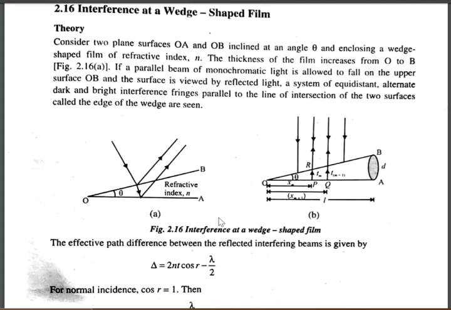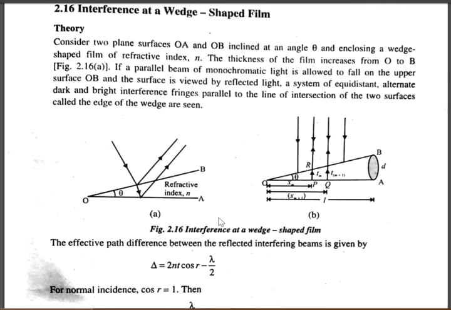Such a film we call a wedge-shaped film, because the thickness of the film increases gradually from point O to the other end A. This is the explanation of the first figure.